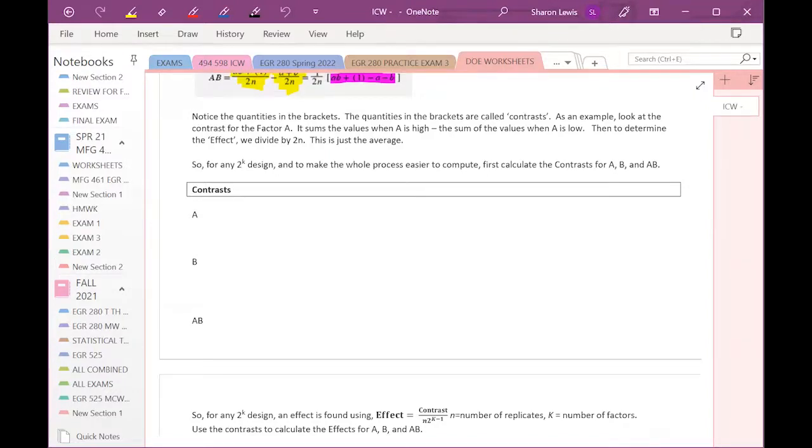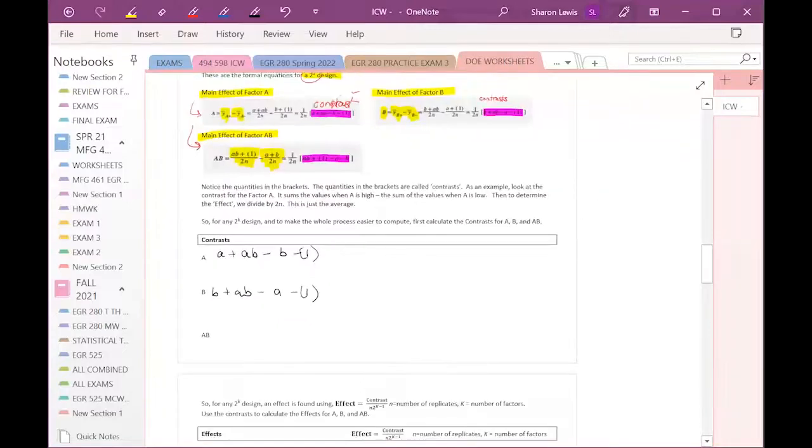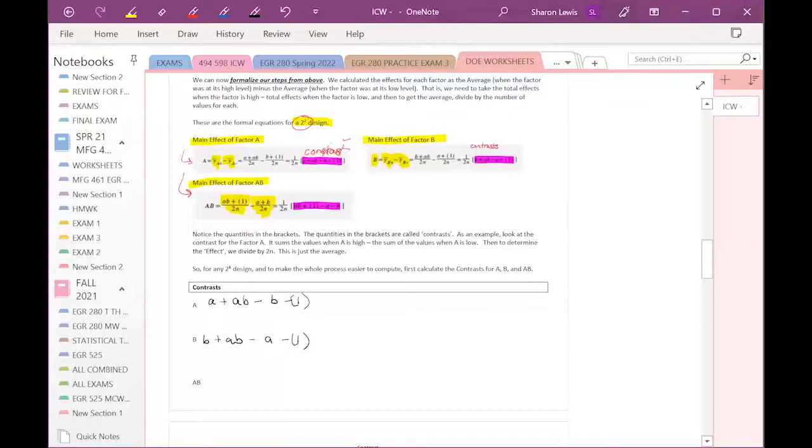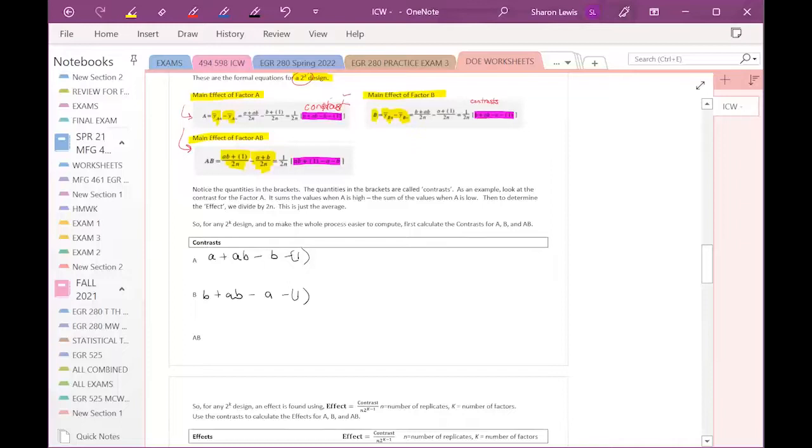But I can also say, well, I know it's going to be A, because there it's high, AB, and then it's not high there, and it's not high there. Same thing for B. Here's B high, there's B high, and then where is it not high? It's not high in those runs. All right, so we can do that, and we can calculate then what we're going to call the contrast.